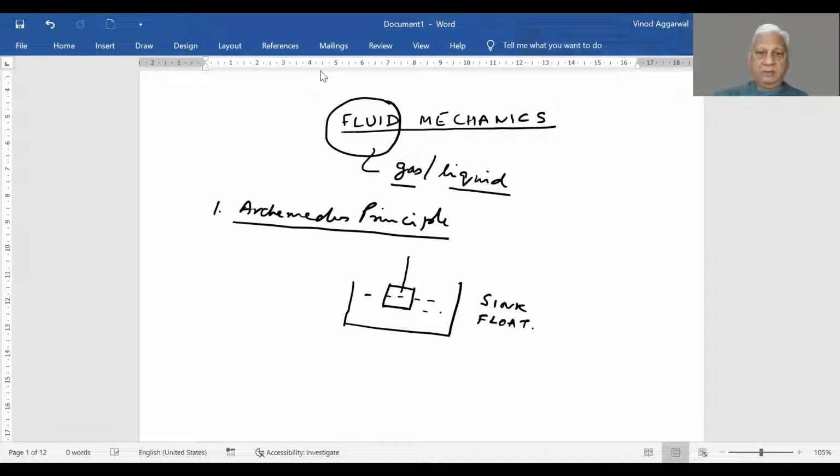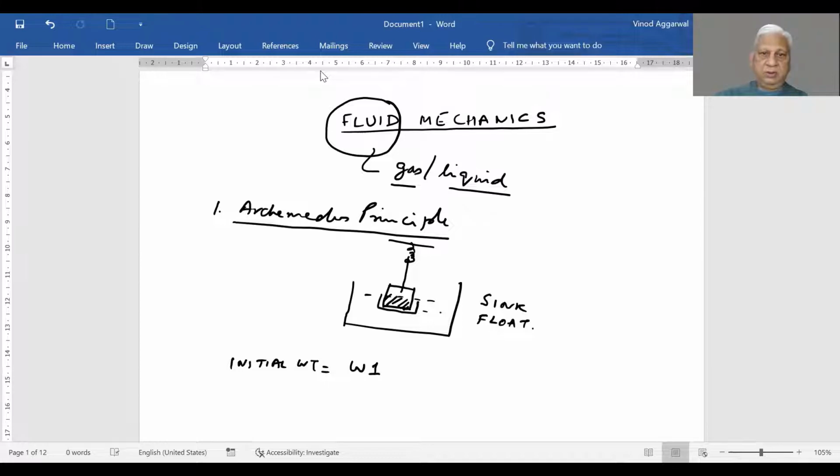Now, what happens when this body is dipped in this water? It displaces liquid which is equivalent to the portion it is dipped, right? And suppose you had attached a spring balance and the initial weight was W1.